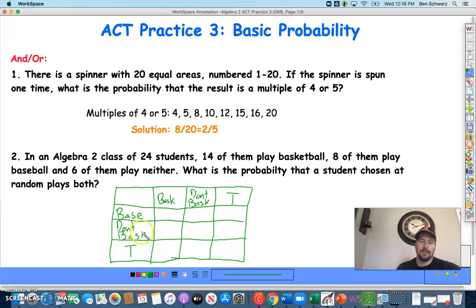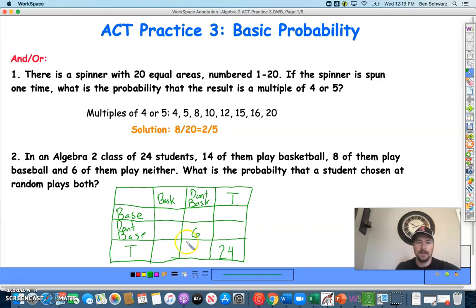So look at what we know. The total of all the students is 24, so that's what we put there. We have 6 that play neither, so no basketball and no baseball. So we put 6 there.